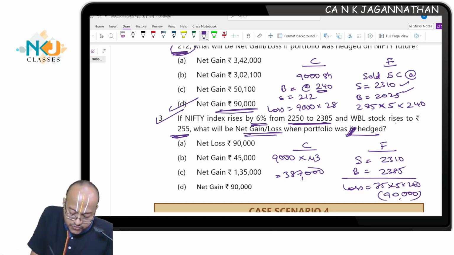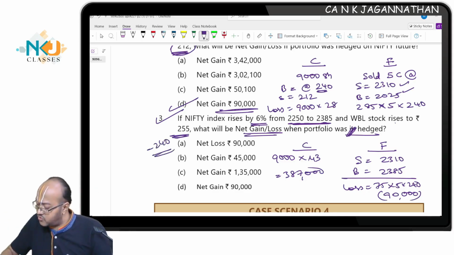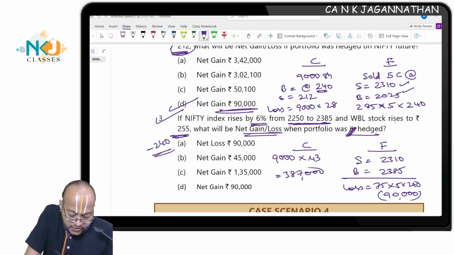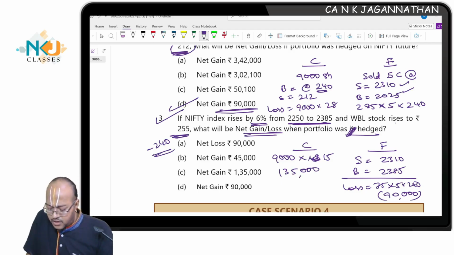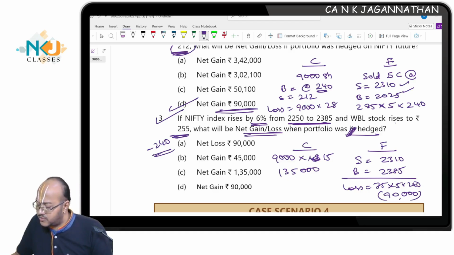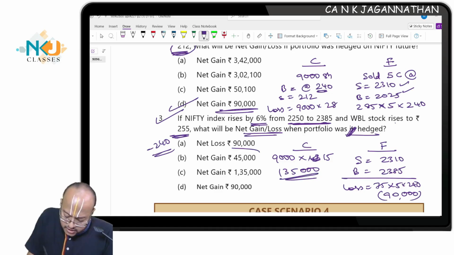Sorry, this is 255 minus 240, because that is the spot price. How much is that? 15. So the gain is only 15 into 9,000. How much is that? 1,35,000 is the gain. I thought 212 was the spot price. So 1,35,000 is the gain and the loss is 90,000. So 1,35,000 minus 90,000 is 45,000, the net gain.